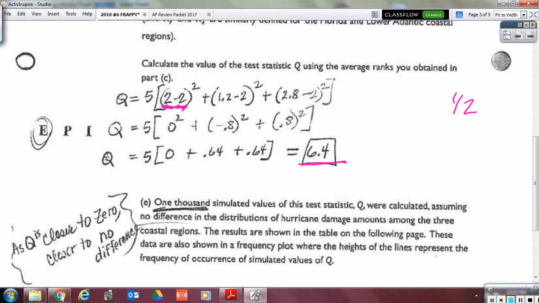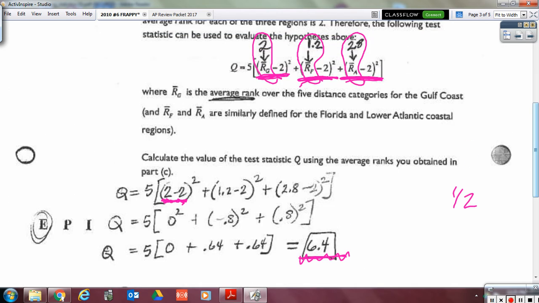Okay, hey, let me ask you this. The bigger this number, what does that mean? As Q gets bigger, what is that saying? The more varied, sort of. What is it telling me as Q gets bigger about the data, the observed and expected?